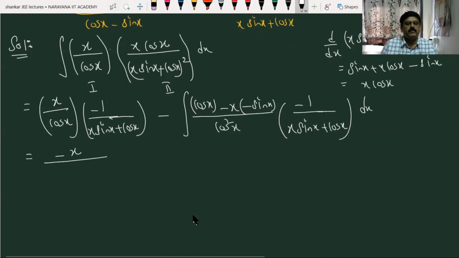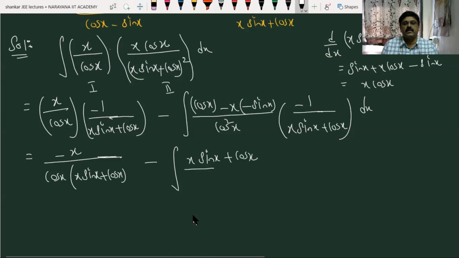Then you will be left with minus x upon cos x of (x sin x plus cos x). Okay, minus of, students, what is this? (x sin x plus cos x) upon cos square x into minus 1 upon x sin x plus cos x dx.